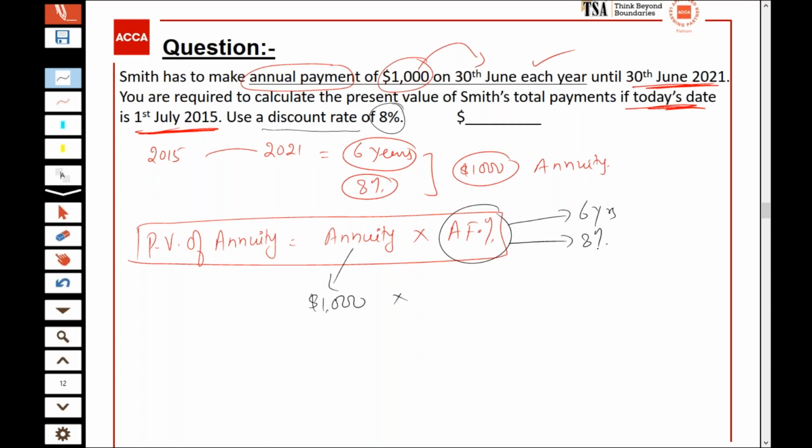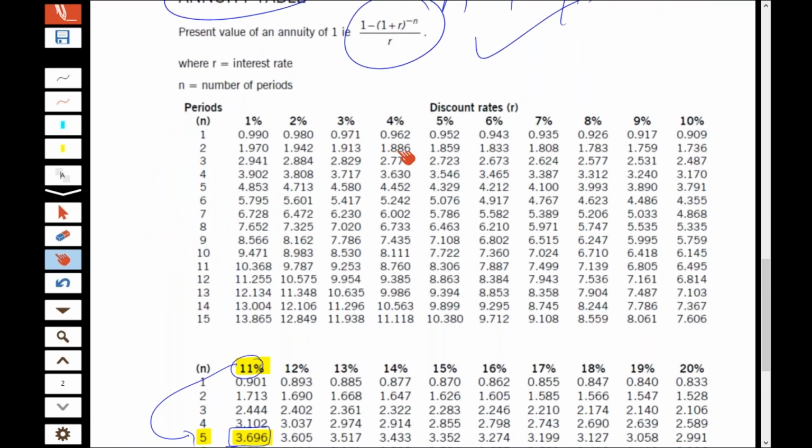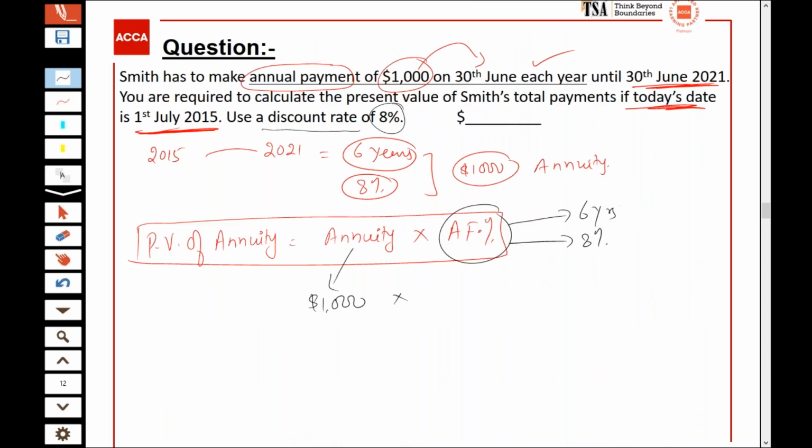Looking at 8% and 6 years, that is 4.623.